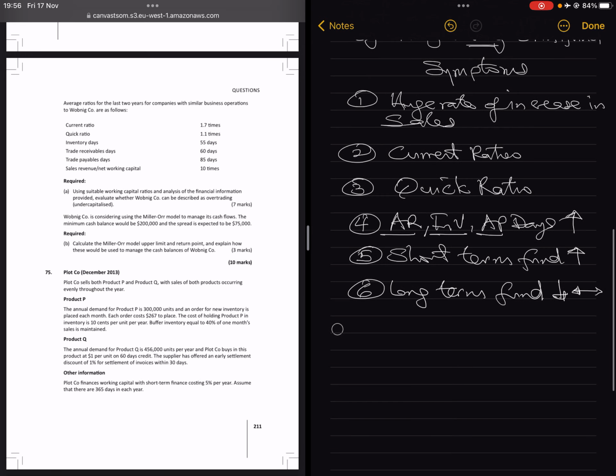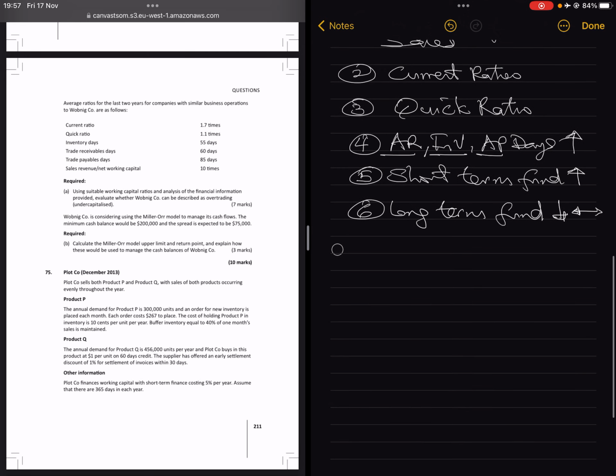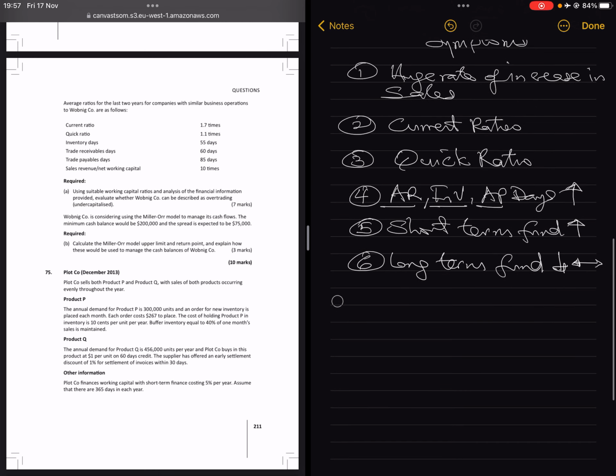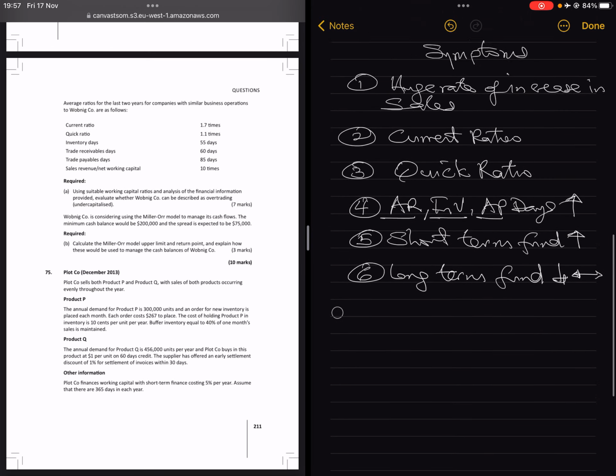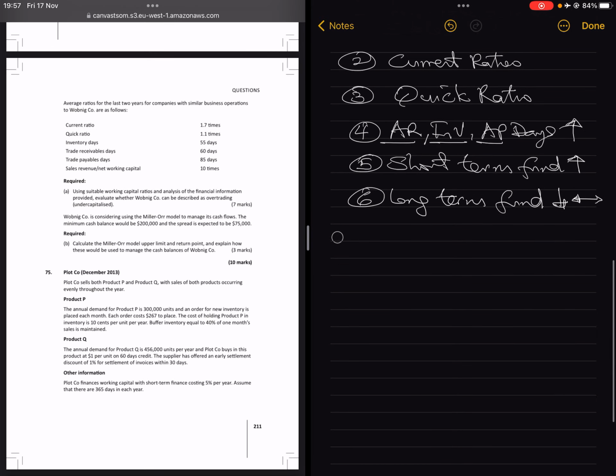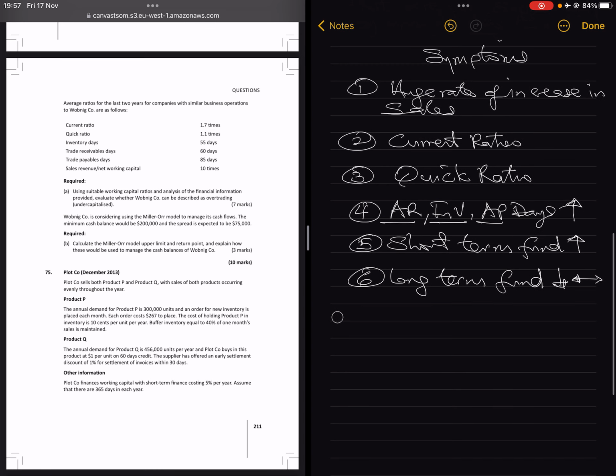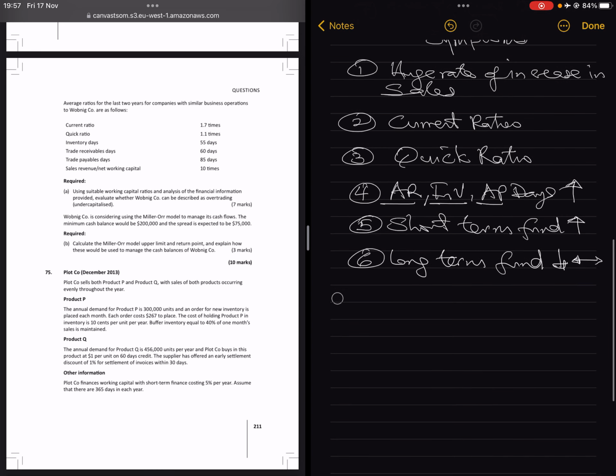Do the ratios and you do the interpretations for 5. You will have your 7 marks in full, right? But I will go through all the 6 symptoms so that you can understand how you can assess whether a company is overtrading or not. Yeah, you can pick anyone that you feel comfortable and easy with. So let's start with the expected increase in sales.